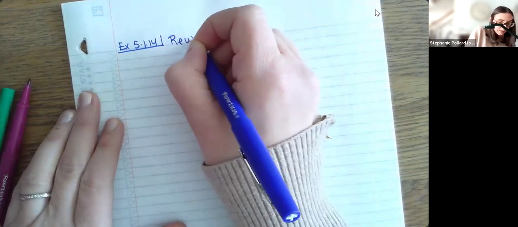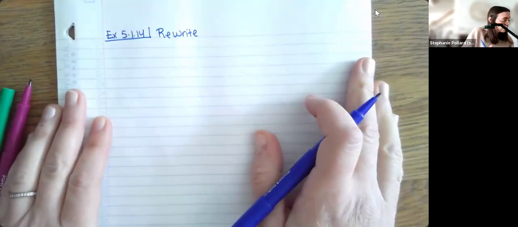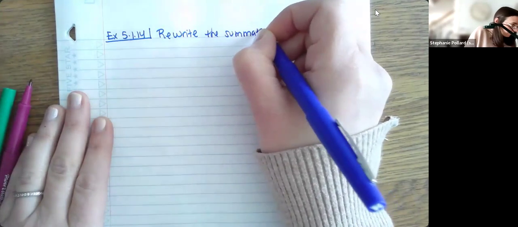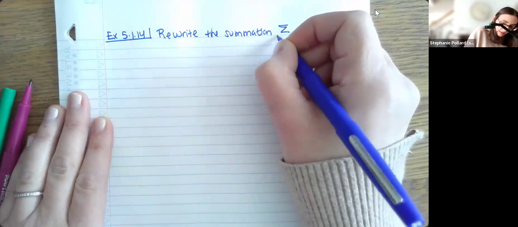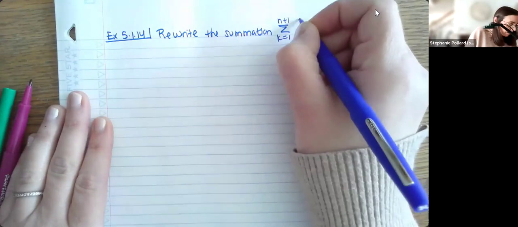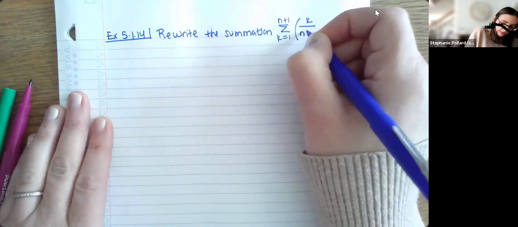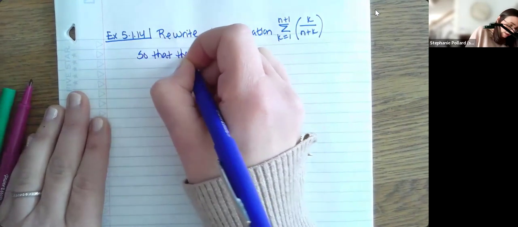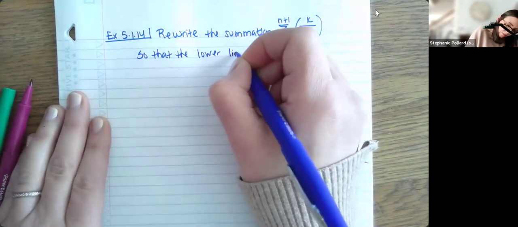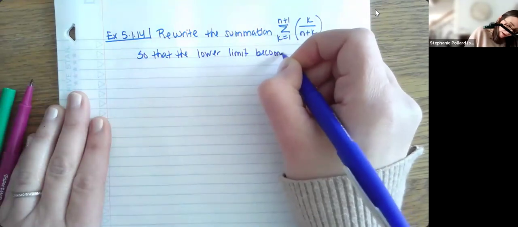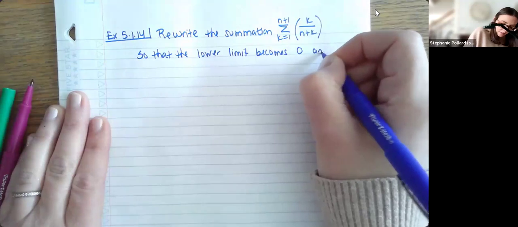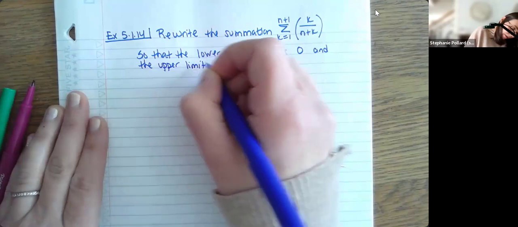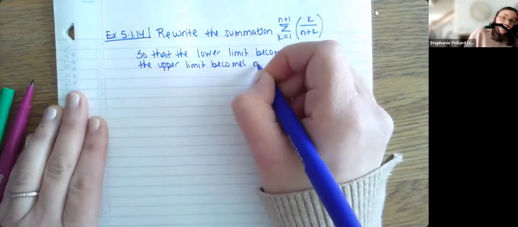All right, our next example, again doing a little bit more with summations here. We're going to rewrite the summation, which goes from k equals 1 to n plus 1 of k over n plus k, so that the lower limit becomes 0 instead, and the upper limit becomes just n.